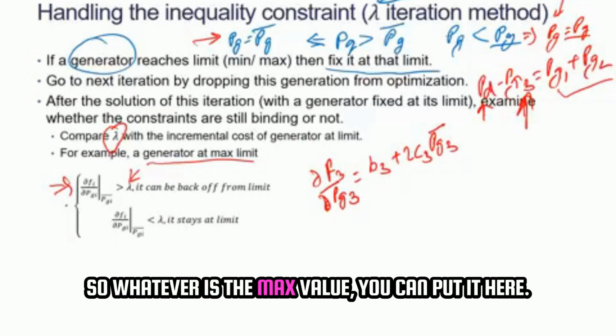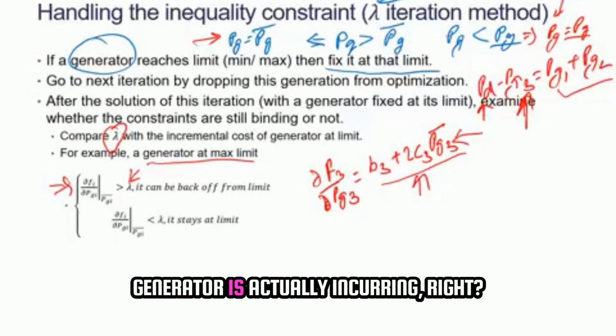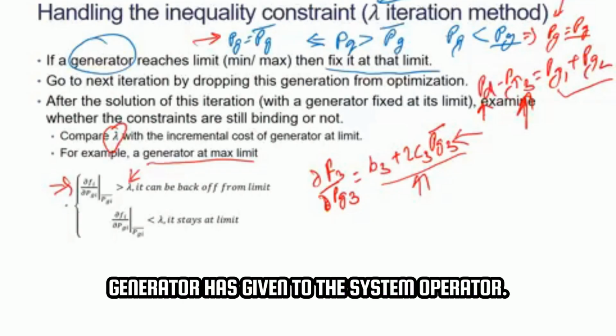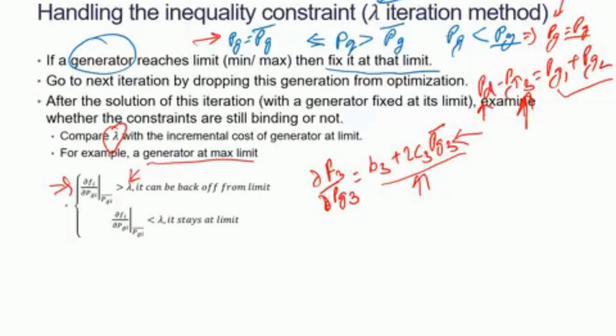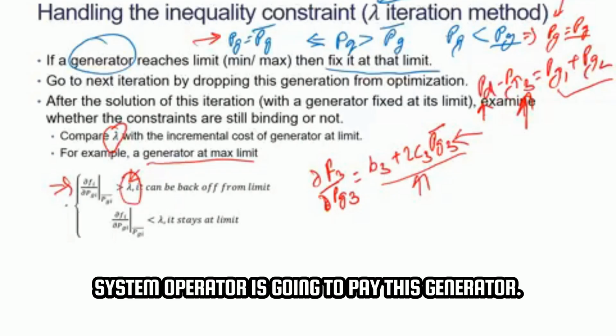Whatever the max value is, you can put it here. This is the price the generator is actually incurring, because this is the cost function the generator has given to the system operator. On the other hand, lambda is the price at which the system operator is going to pay this generator.